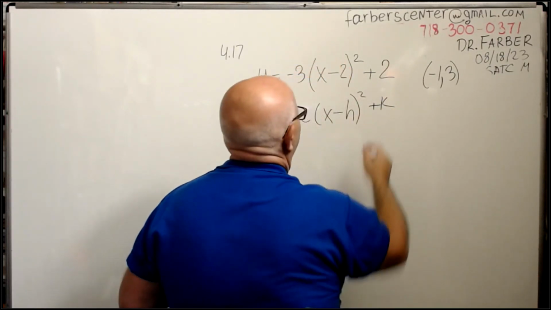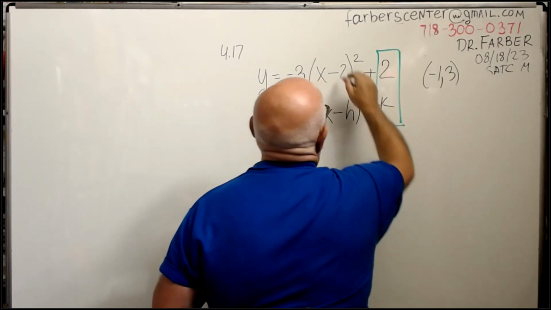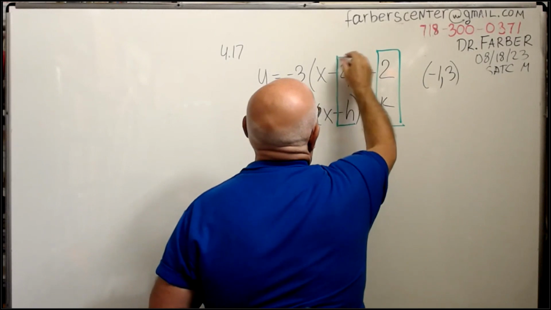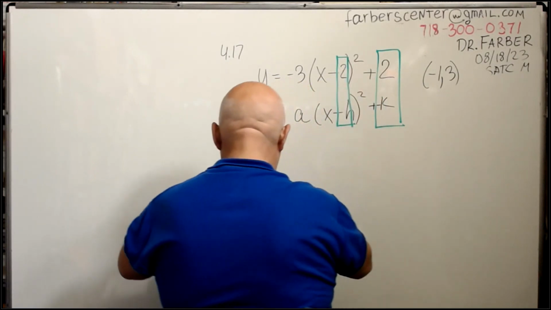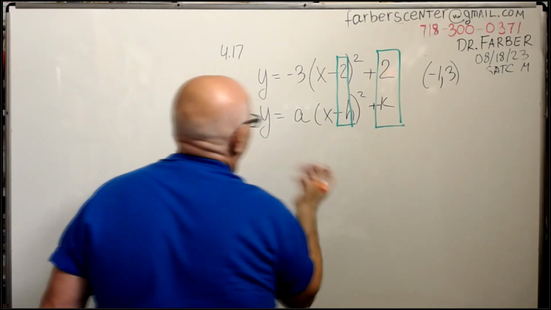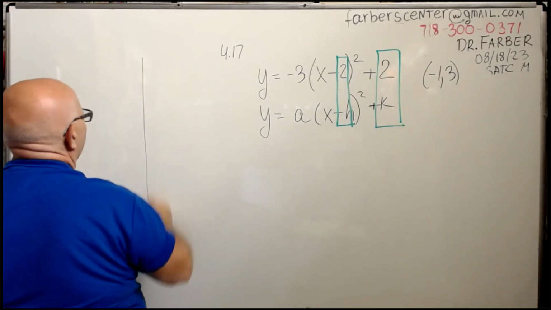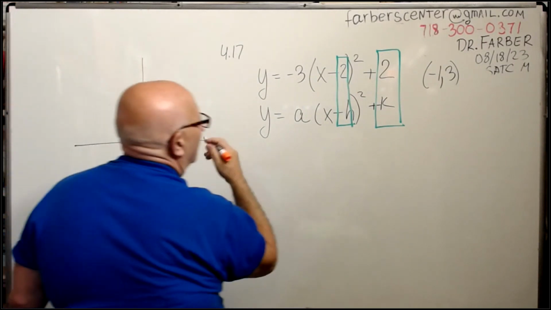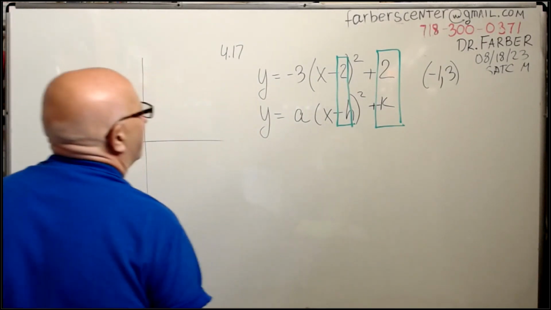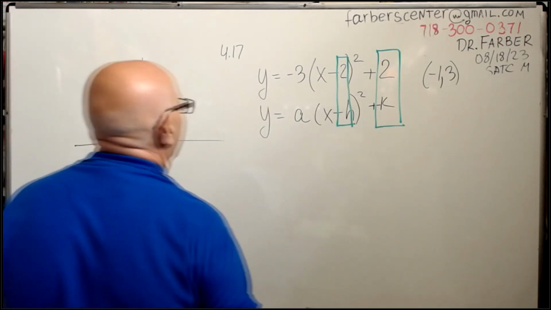So it means k equals 2, and h equals 2, right? If you make a sketch, it's downward, upside down, because of the minus.